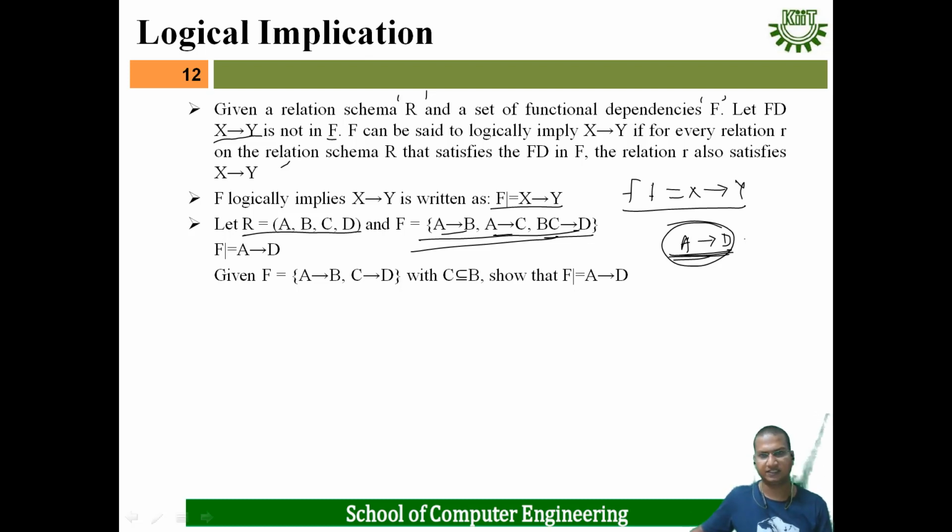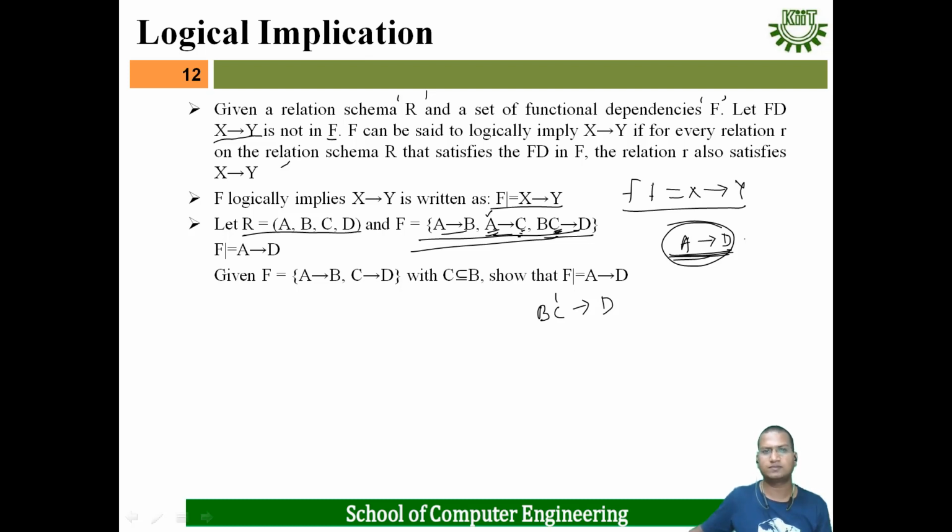In this case, BC determining D is present, and I can replace C by A, because in the pseudo transitive rule we have seen that if some attribute is present on the right hand side, we can replace that attribute with the left hand side that determines it.